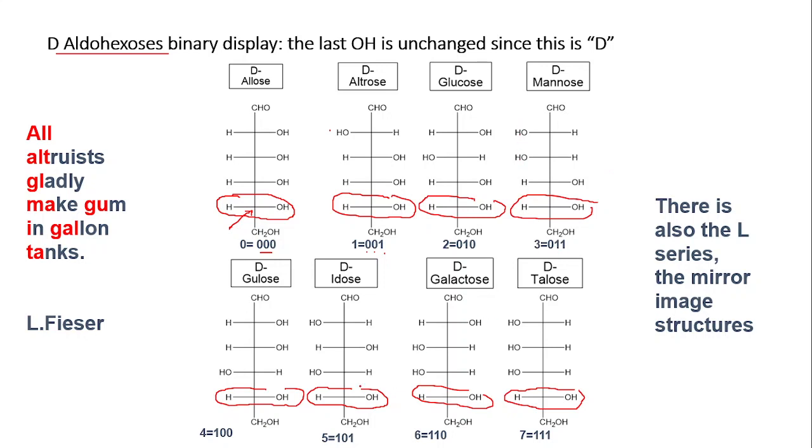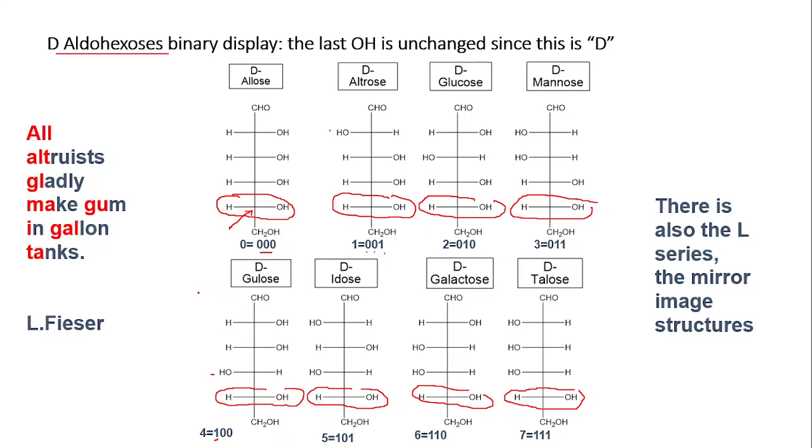For D-glucose, it is 1 0 0, that is, the last carbon is reversed and the first 2 are as they are, and 1 0 1 and so on. So that is one way of remembering this: 0 0 0, 0 0 1, 0 1 0, 0 1 1 and so on.